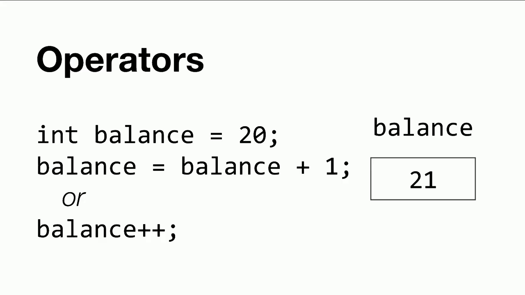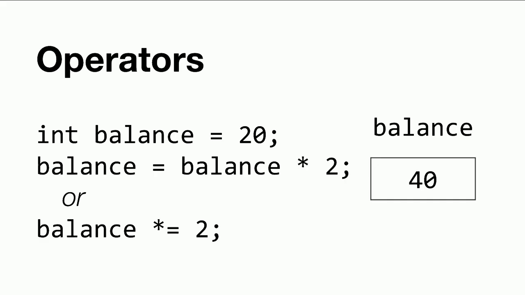So both these things will increment balance by 1, but the bottom one is usually what people will use if you're trying to increment just by 1. Same thing can be said for decrementing. So if you want to subtract 1 from 20, then you could do balance equals balance minus 1 or balance minus minus. Both do the same thing.